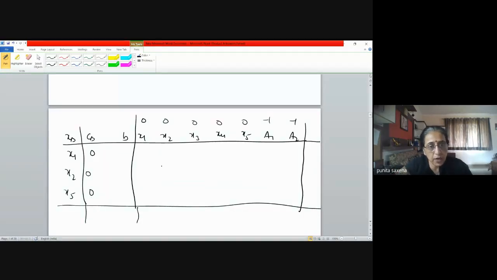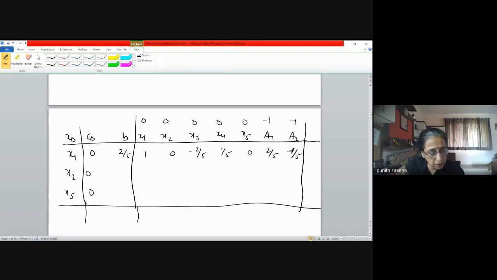Now 2 by 5 of R1 means the first row is 2 by 5, 1, 0. Is it minus 2 by 5? Then 1 by 5, 0, 2 by 5, and minus 1 by 5. Am I right? Yes, ma'am.